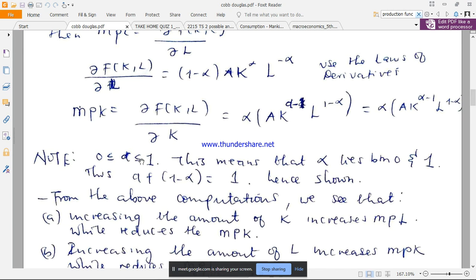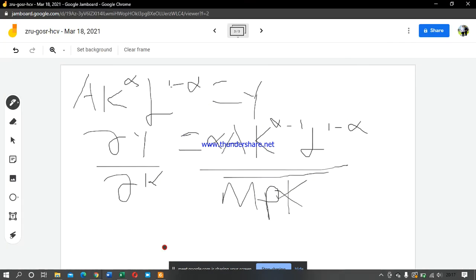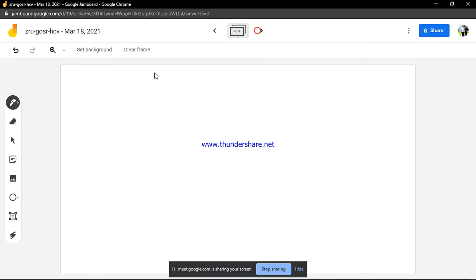It could be 0.00001, it could be 0.9, it could be any number between 0 and 1. Thus, if you add alpha plus 1 minus alpha, the answer is 1. So hence, we've shown that alpha lies between 0 and 1. So take note that the figures representing alpha and 1 minus alpha will lie between 0 and 1.